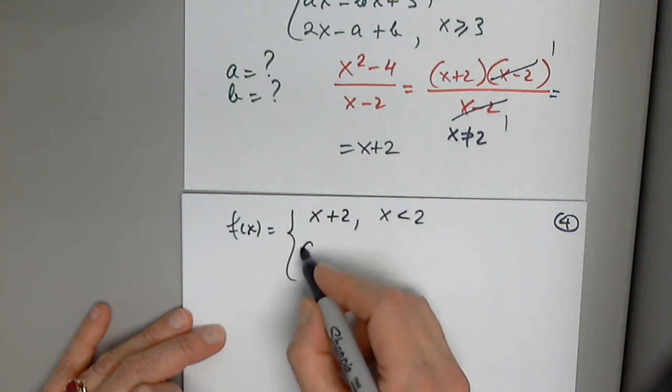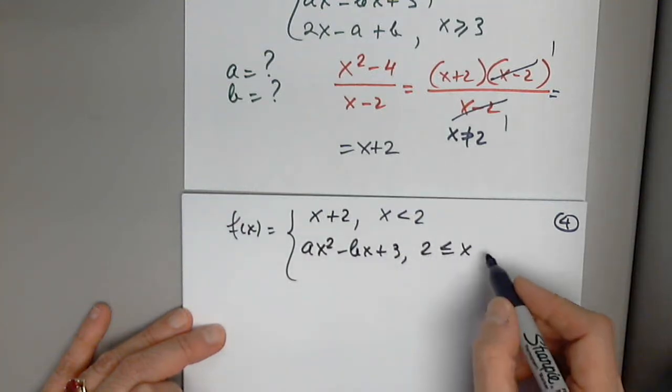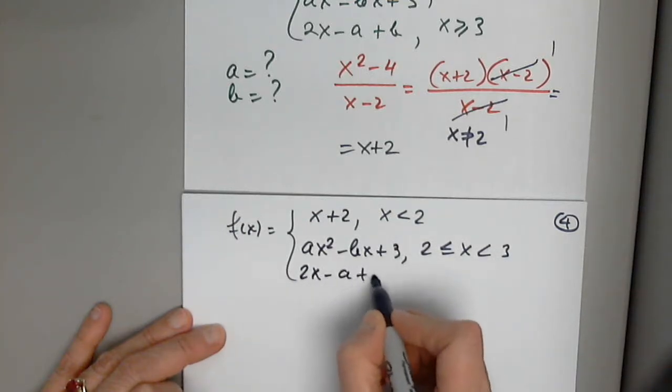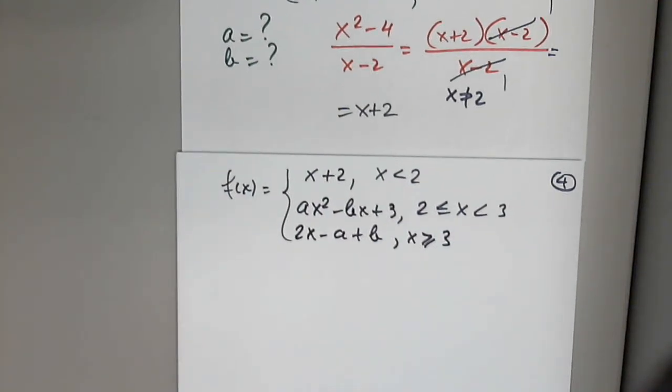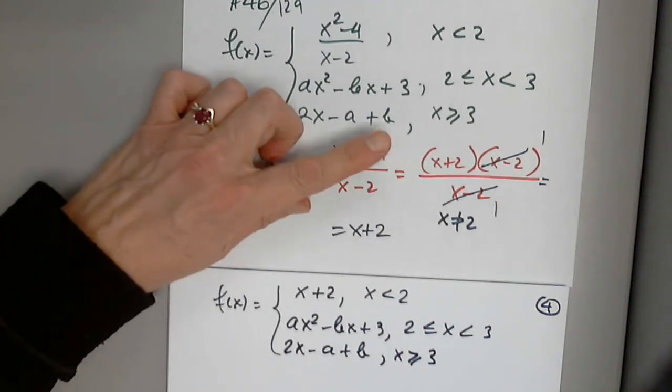And the other two branches do not change. Ax squared minus bx plus 3 for x less than 3, and then 2x minus a plus b for x greater than or equal to 3. Okay. Yes. At the top one, what equals x plus 2? You didn't really write what that equals.